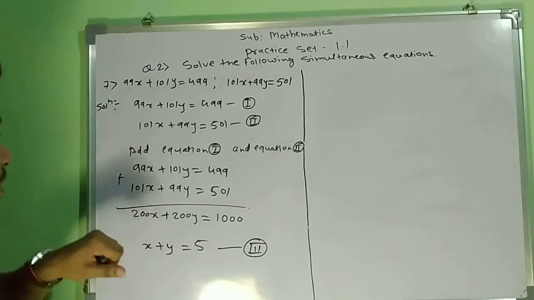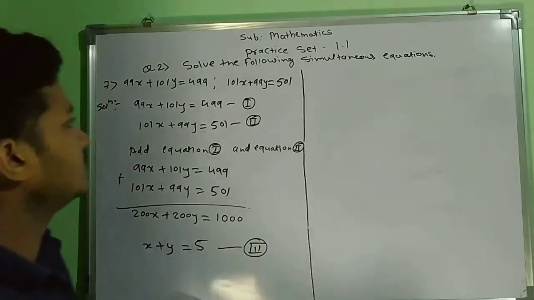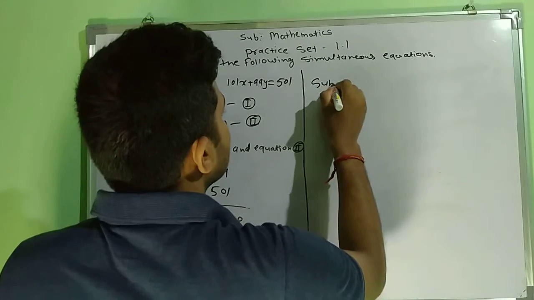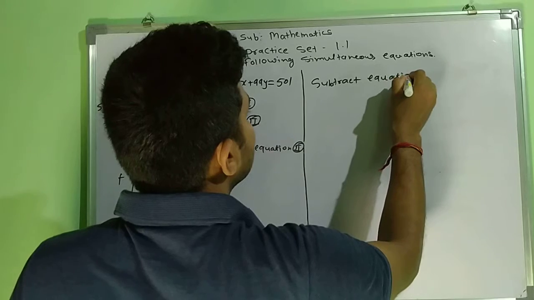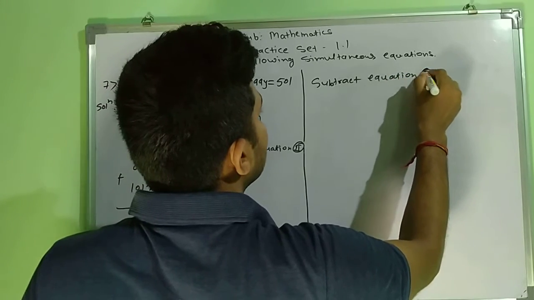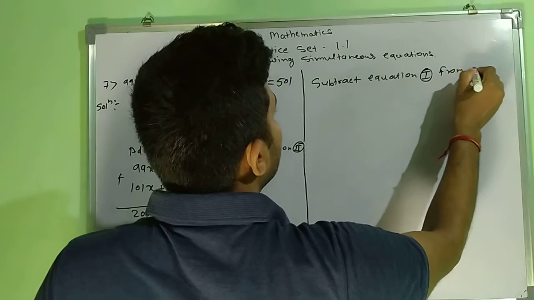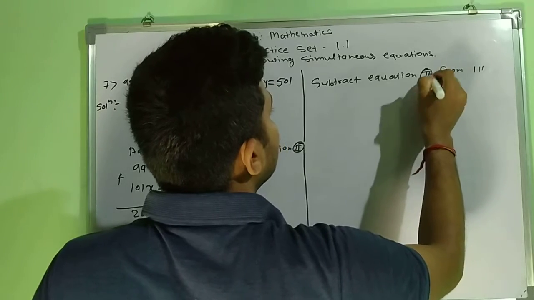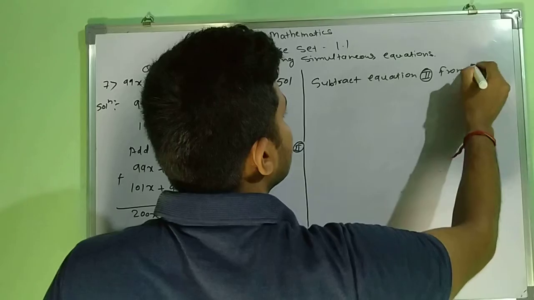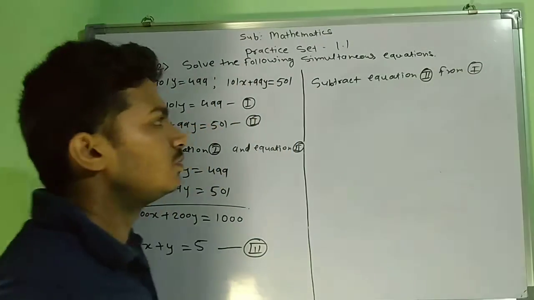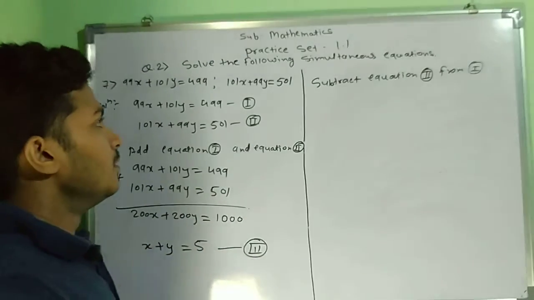Okay, now again we will subtract equation 1 from 2. We are subtracting equation number 2 from equation number 1.